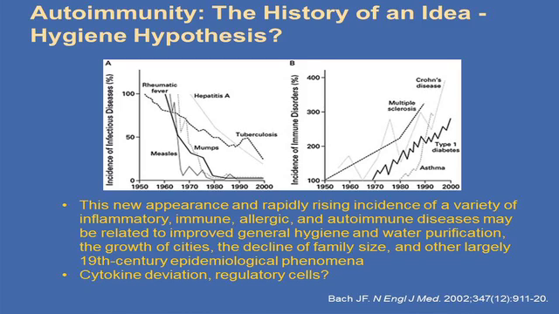And rheumatic fever, tuberculosis, measles, mumps, all the things that we protect ourselves against have gone down, down, and down. Over here is the pattern of autoimmune disease going up, up, and up.